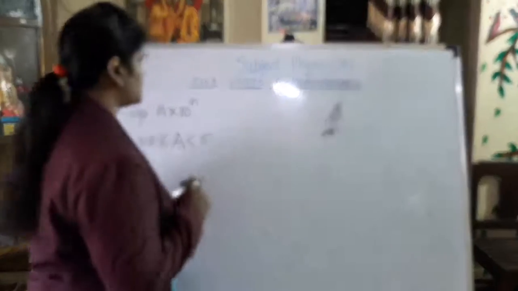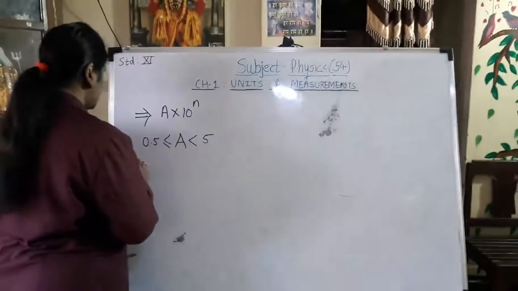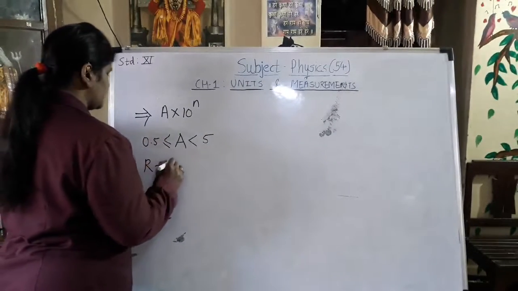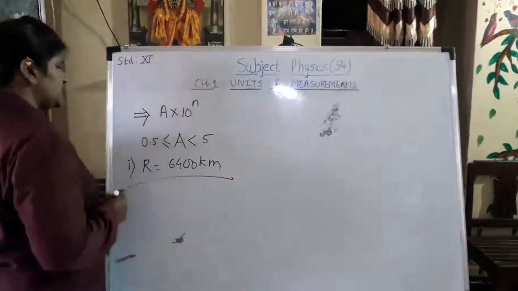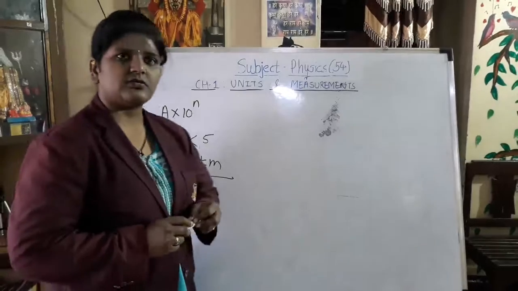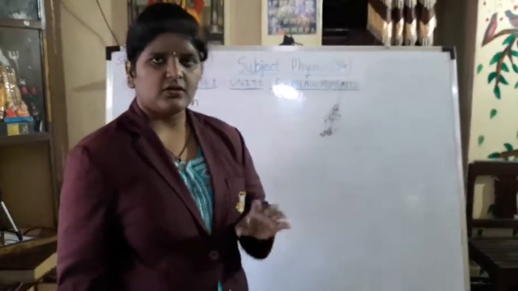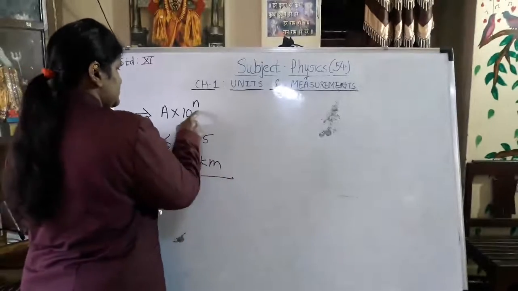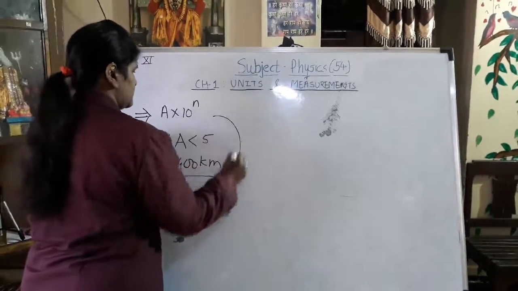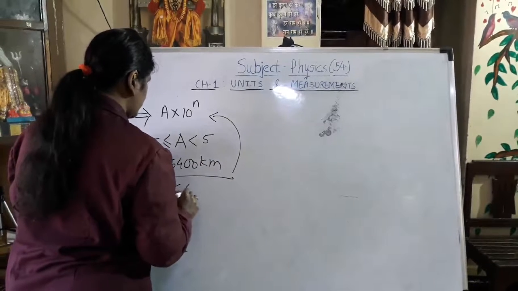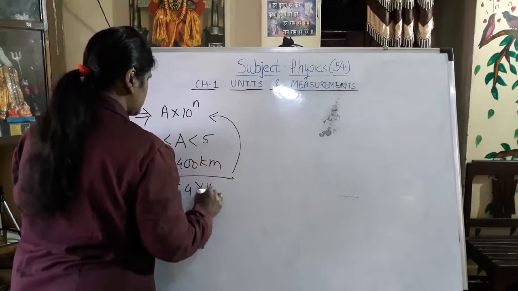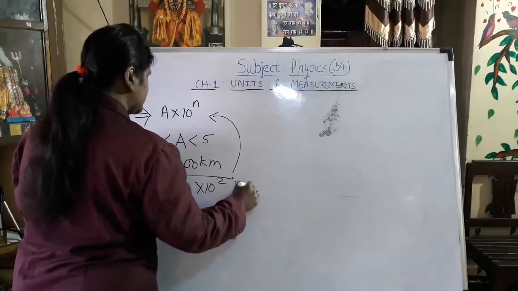Okay, suppose I will tell you one example. This is the radius of Earth, 6400 kilometer. Now if I have to write this in this format, how to write? I can write this as 6.4 into 10 to the power 2 kilometer.